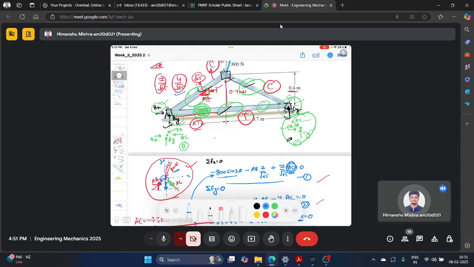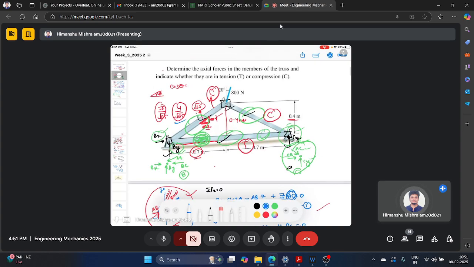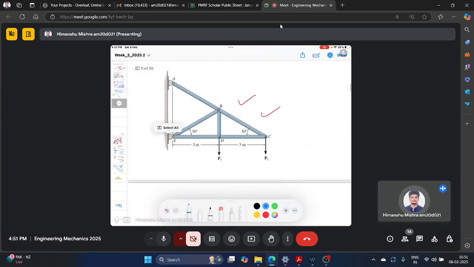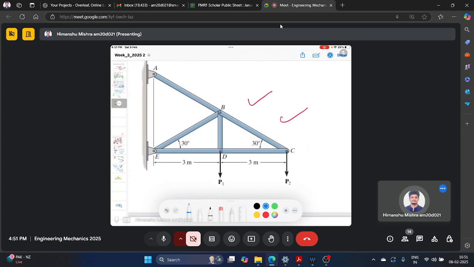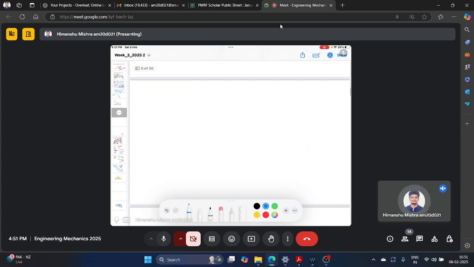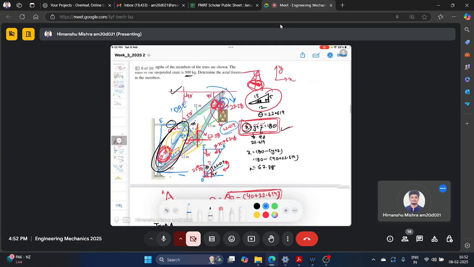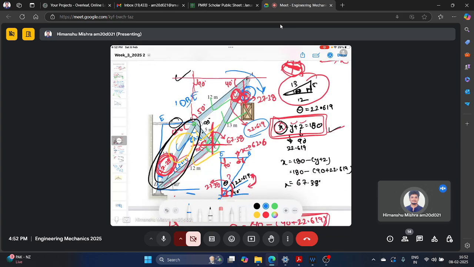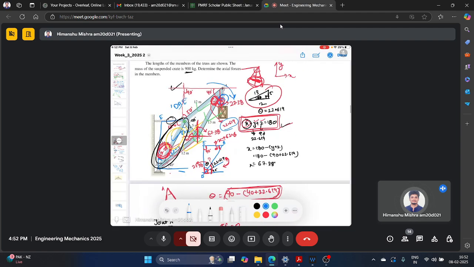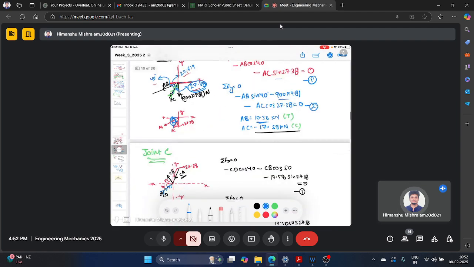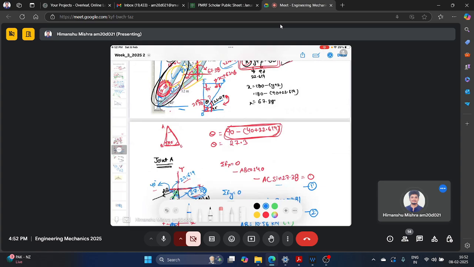You can use the method of joints in a simple truss like the problem we have solved, or you can use it to solve this problem also. But in a complicated problem like the one we have discussed, you see it requires a lot of algebra to solve for the forces in various members.